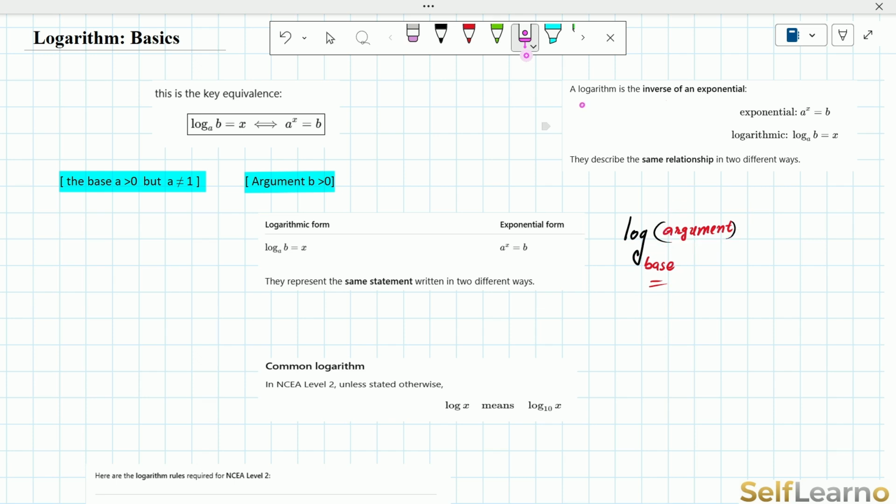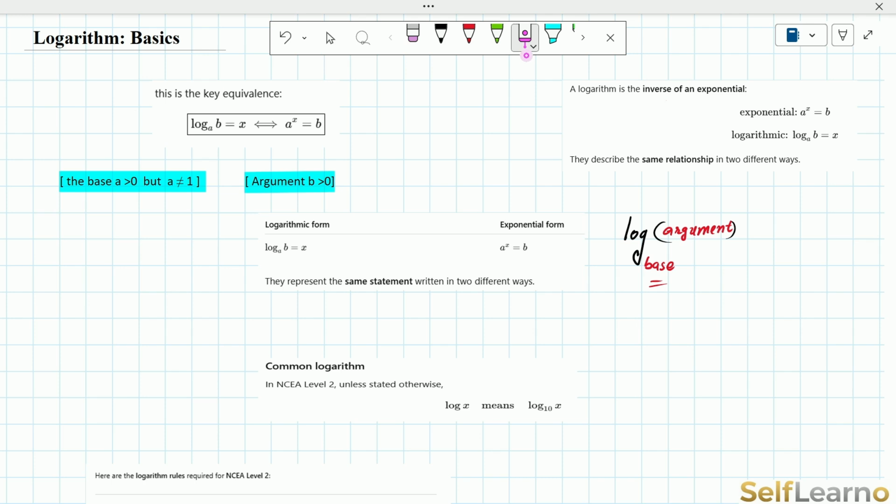Logarithm and exponential are the inverse of each other, but actually you don't know how to find the inverse function, so do not take tension of this inverse. What you should mean as of now is this exponential form and this logarithmic form represent the same information.